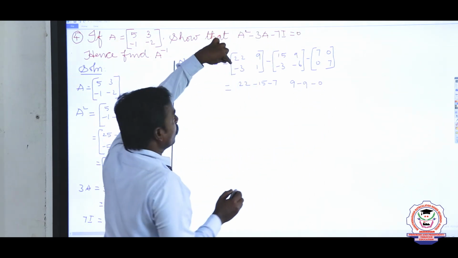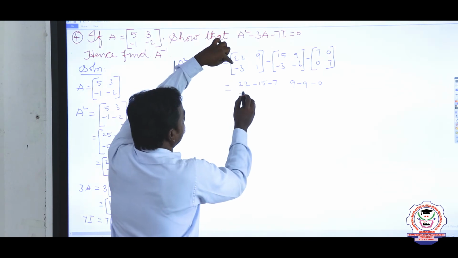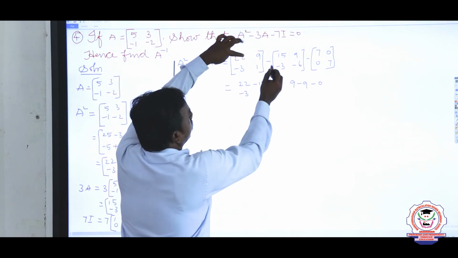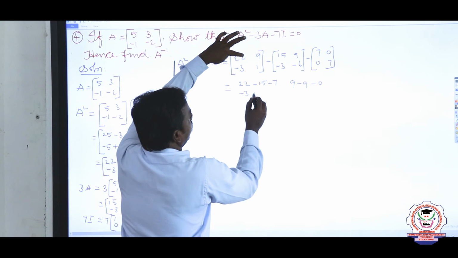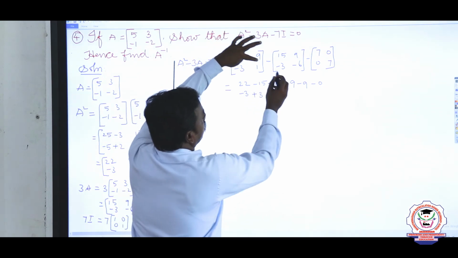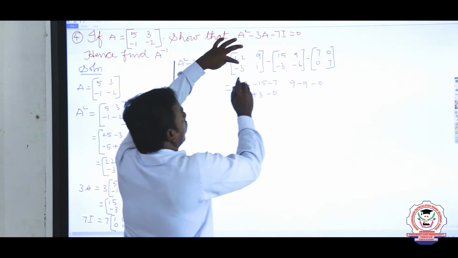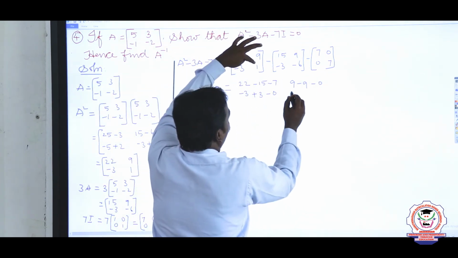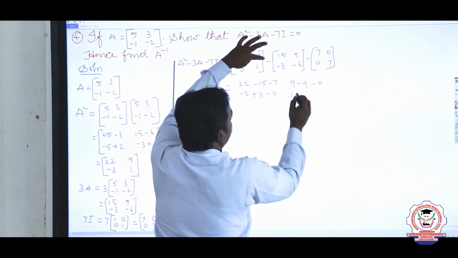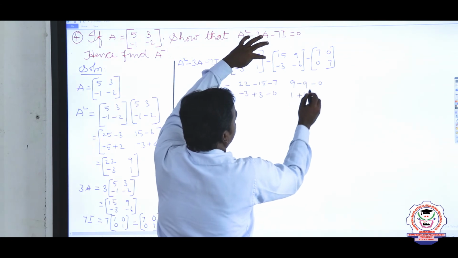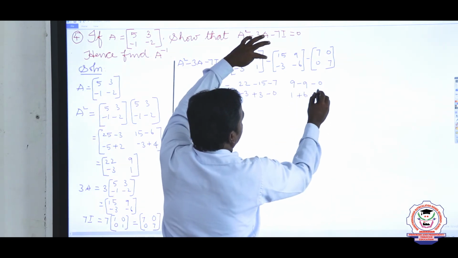From the second row, minus 3, minus into minus is plus 3, minus 0. The second element: 1 plus 6 minus 7.